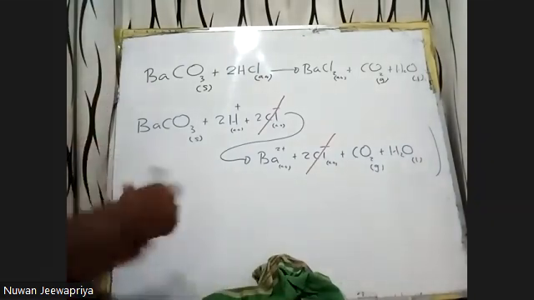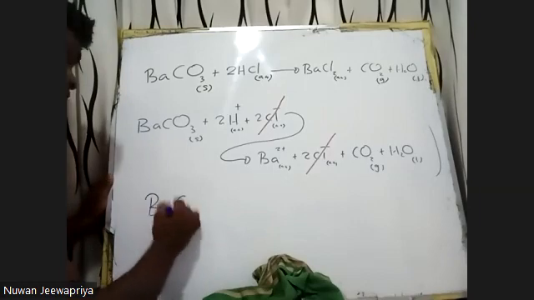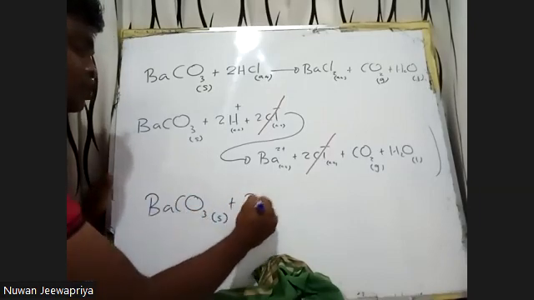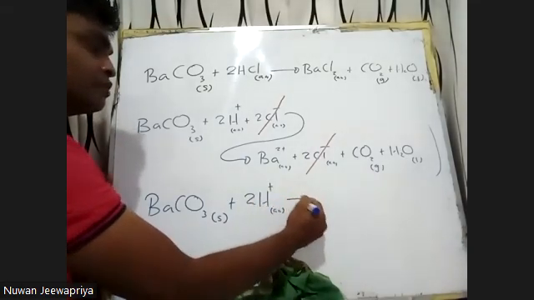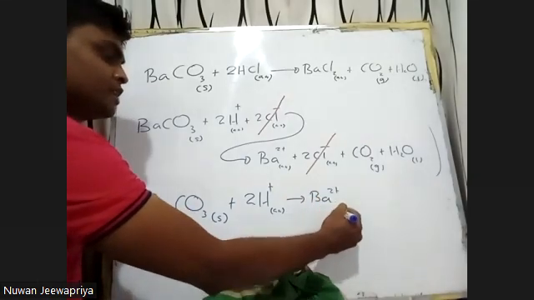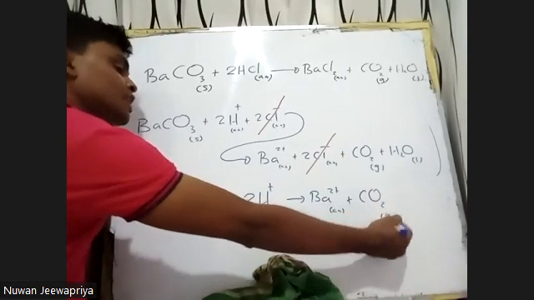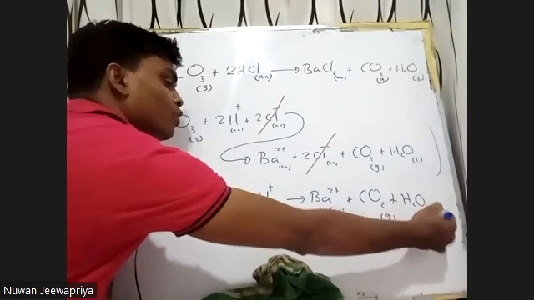So now I will write the ionic equation. That is BaCO3, which is a solid, plus 2H plus, which is aqueous, gives Ba2 plus aqueous plus CO2 gas plus H2O liquid.